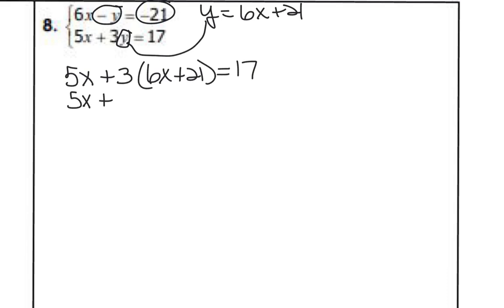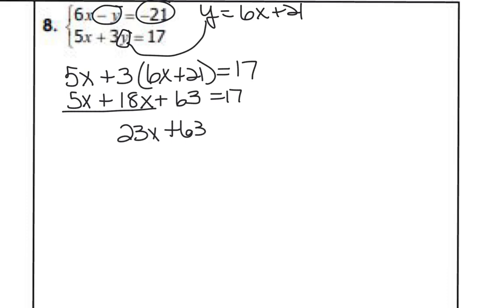So distribute the 3, so we get 18x plus 63 equals 17. Combine your like terms. 18 plus 5 is 23x plus 63 equals 17.